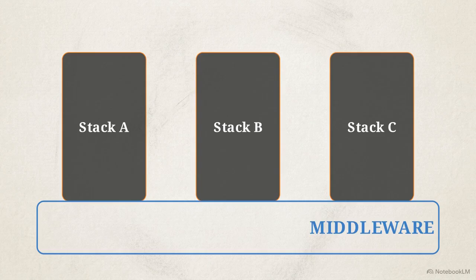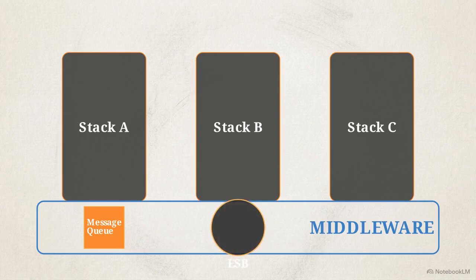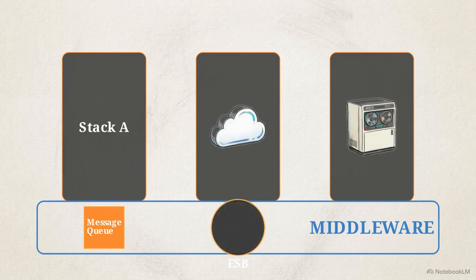In this environment, message queues act as the necessary buffer, enabling asynchronous communication so that systems can handle sudden traffic spikes without crashing. The Enterprise Service Bus operates as the central traffic cop, actively translating payloads and enforcing routing rules so that older, monolithic mainframes can safely talk to modern applications.